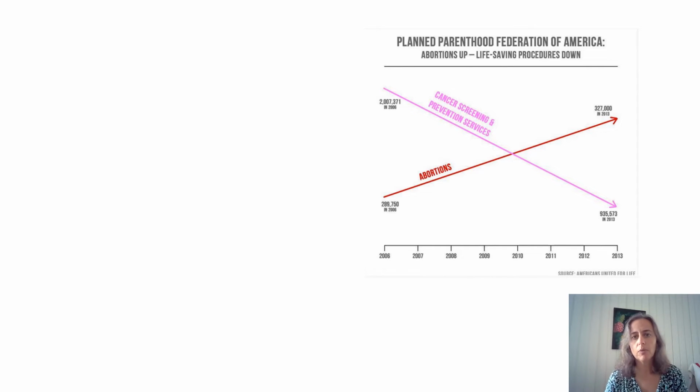If you look a little bit more closely, however, you'll notice some significant errors in how this graph was composed. For the abortions, they went from, I don't have my reading glasses, about 289,000 to 327,000, so an increase of maybe 30,000. The cancer screening went from 2 million to under 1 million. So the scale of these things is completely different, right?